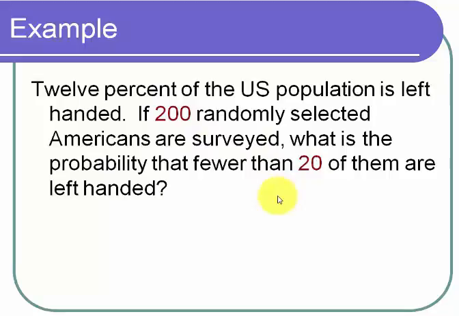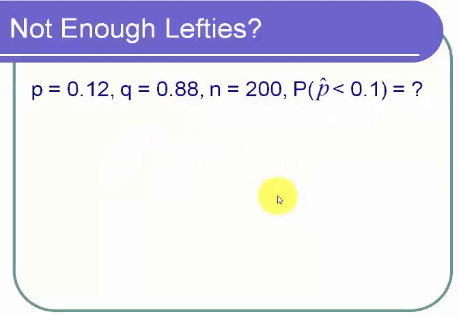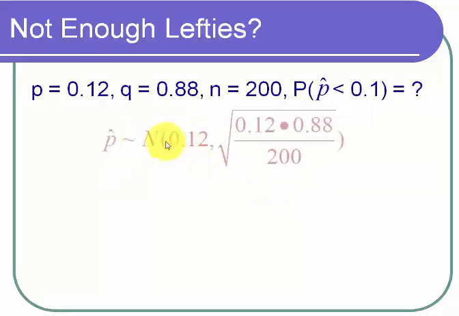So I can use the central limit theorem for proportions and say that the binomial distribution is approximately normal, so that the distribution of p hats is approximately normal, with mean 0.12, because 12% are lefty, and standard deviation the square root of 0.12 times 1 minus 0.12, which is 0.88, divided by 200. And we want to find the probability that this sample proportion will be less than 0.1. Well, we could draw a picture.